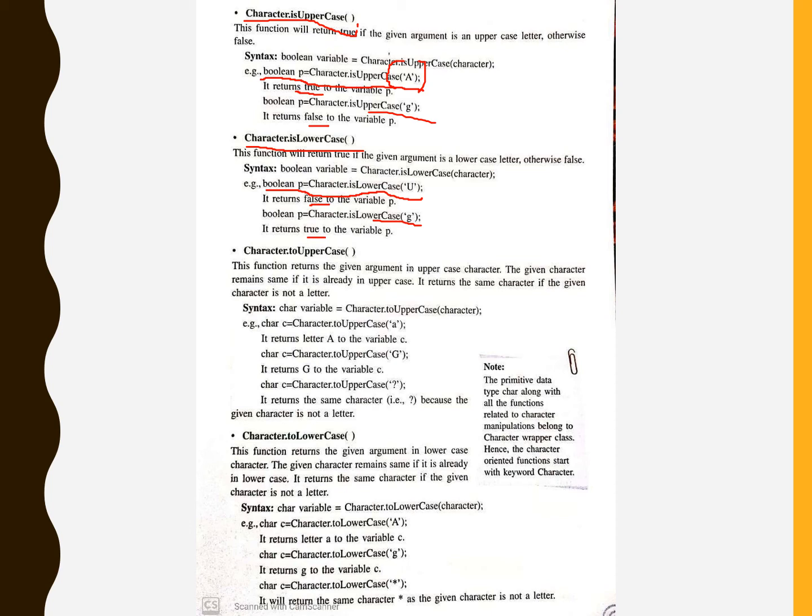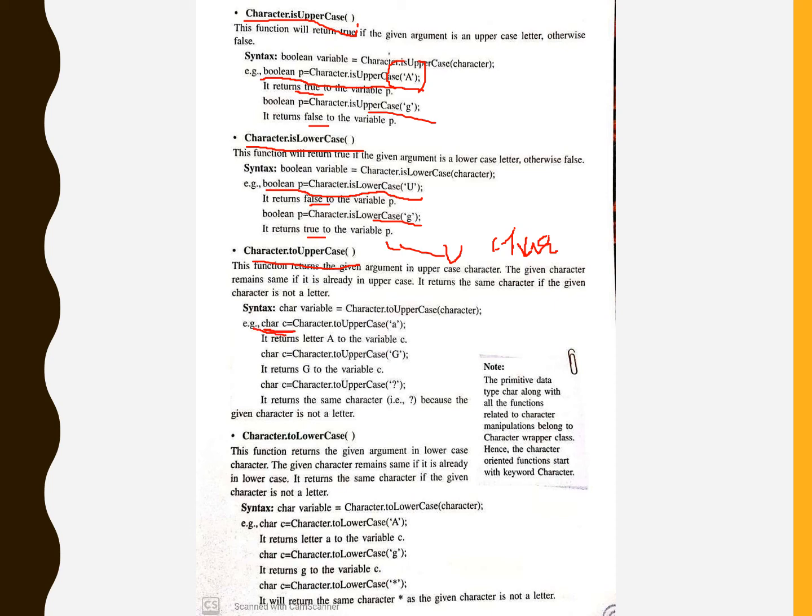Next function is Character.toUpperCase. So it will convert the lowercase into an uppercase character. So what is the return type of Character.toUpperCase? Char data type. So it will return the character data type. So the resultant value you always store in a character variable.